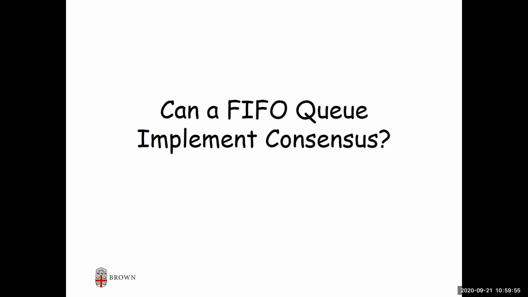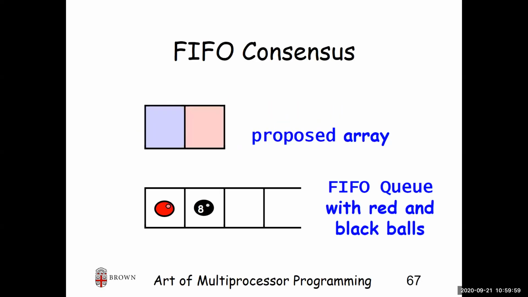So here's a question. Can a FIFO queue implement consensus? All right, and this is the way we're going to make it work. We're going to have the proposed array consist of two values, and in the queue we're going to have a red and a black.